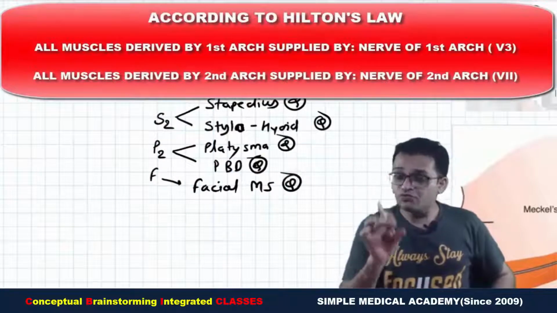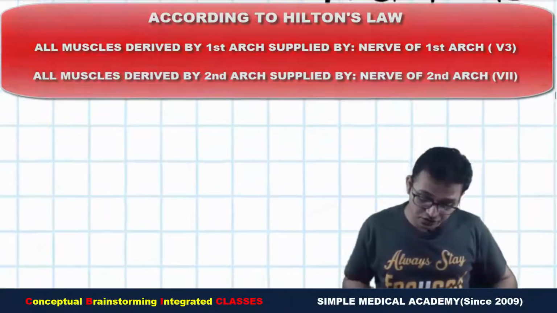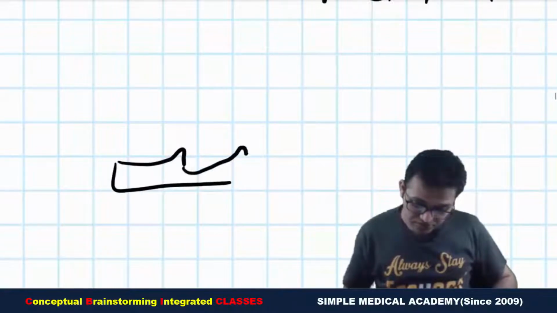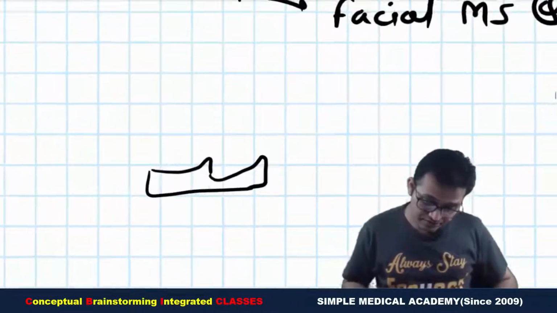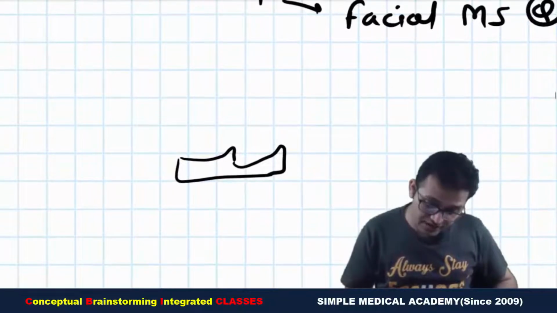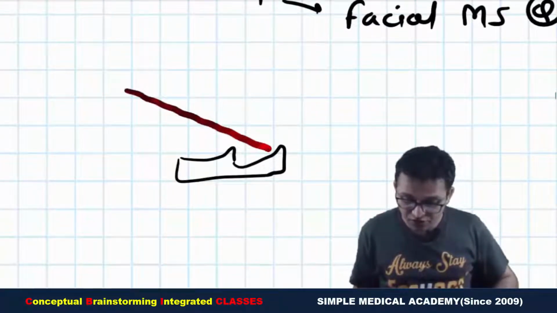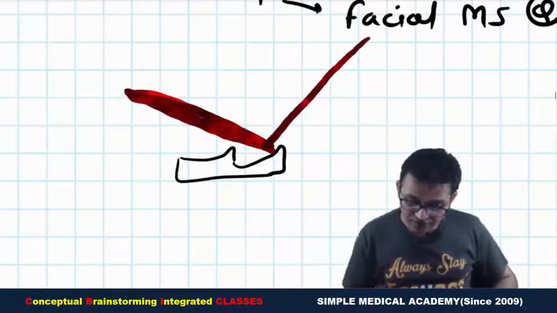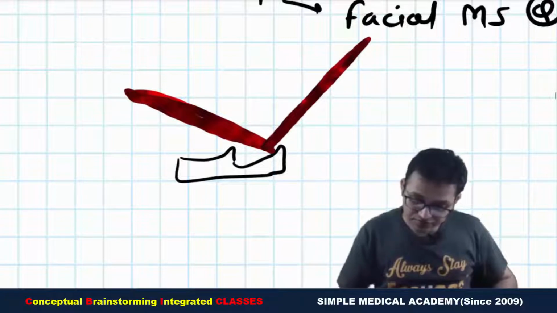Now again I am telling you another very important MCQ. Suppose this is the hyoid bone, and this hyoid bone is having the insertion of one particular muscle. One is coming from the mandible and another is coming from the mastoid process.